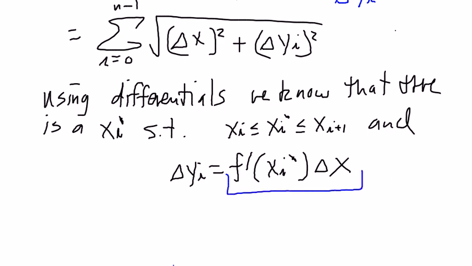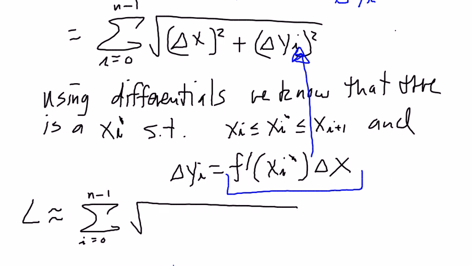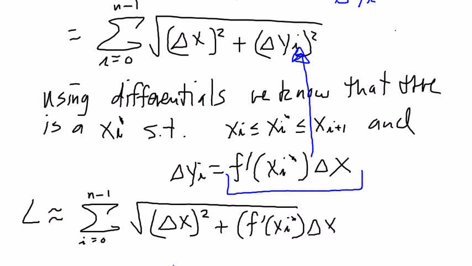So we take this, we plug it in there, we get that L is approximately equal to the sum i going from 0 to n minus 1 of the square root of delta x squared plus f prime at xi star delta x quantity squared.